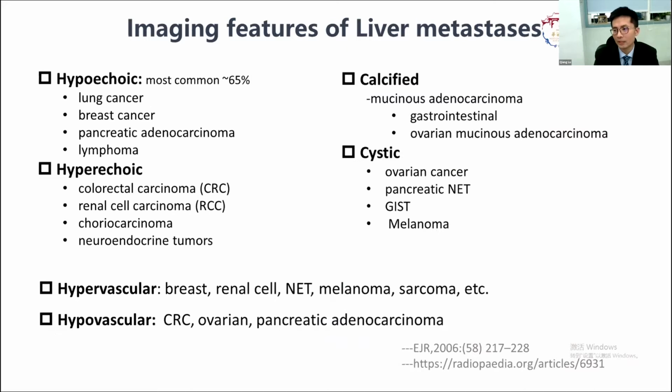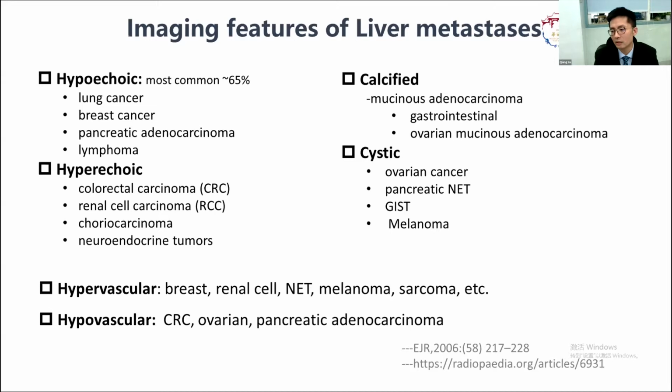Not all liver metastases have the same imaging appearances. Some often present as a hypoechoic mass, about 25% of cases, such as lung cancer, breast cancer, and pancreatic cancer. Some present as a hyperechoic mass, such as colorectal cancer and renal cell carcinoma. Calcification is more commonly found in mucinous adenocarcinoma.